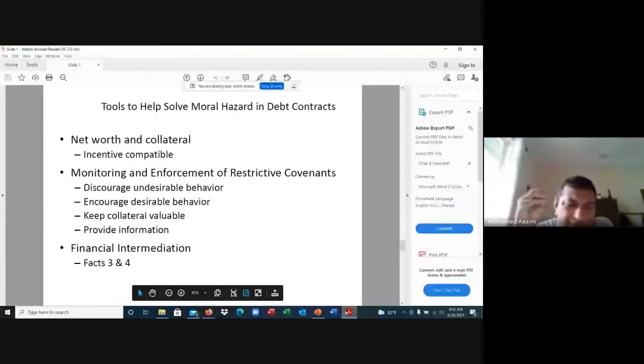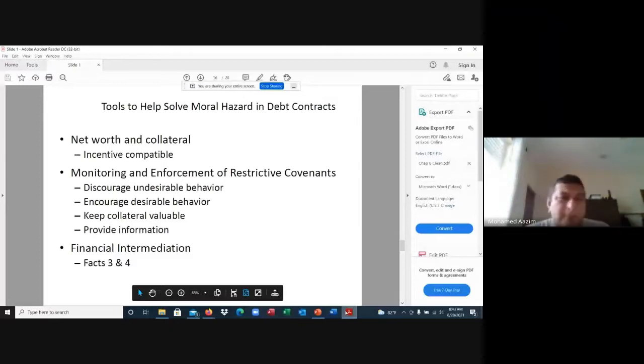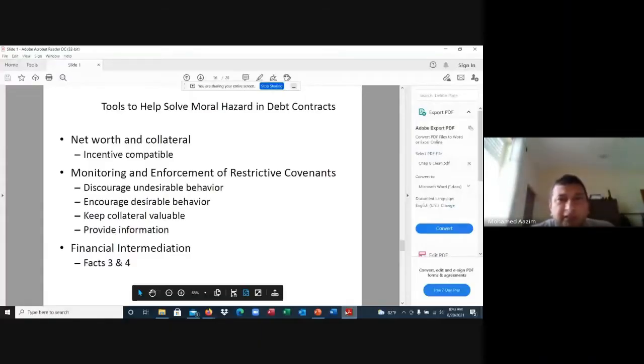The collateral's value: you've been asked to put up collateral, but collateral could change in price. You have pledged a land, but the land prices may fall if that land is in, let's say, a location which is good for living, but unfortunately there are unexpected developments, such as floods or new projects being established, that make it hazardous for living, right?